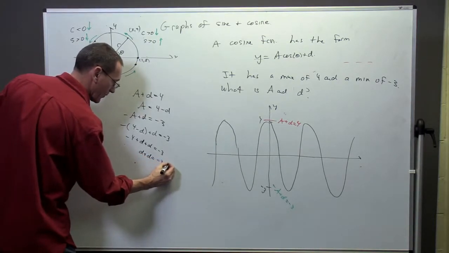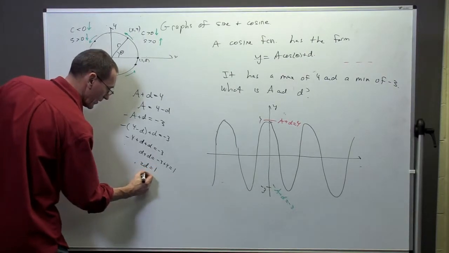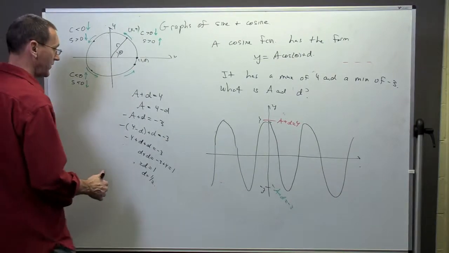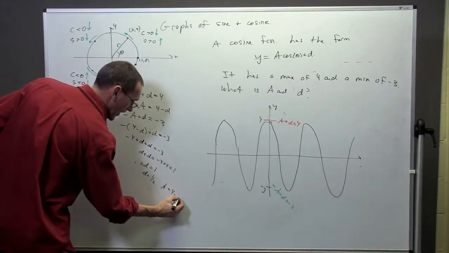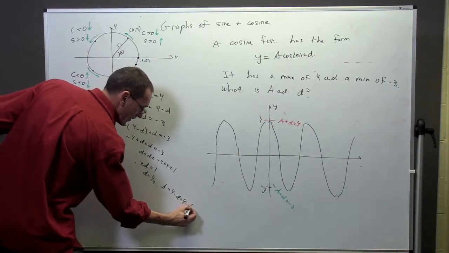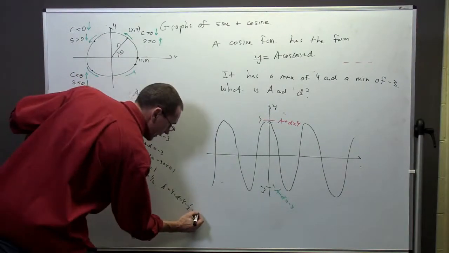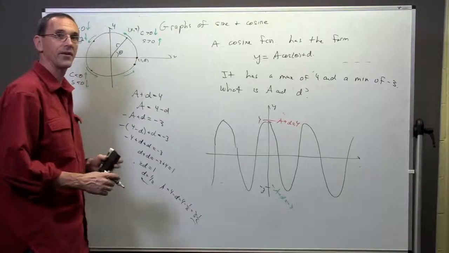This is minus 3 plus 4 is 1. D plus D is 2 Ds. So my D is 1/2. Now if D is 1/2, my A is going to be 4 minus D. So that's going to be, what, 3.5? Okay, so there's my amplitude, and there's my D.